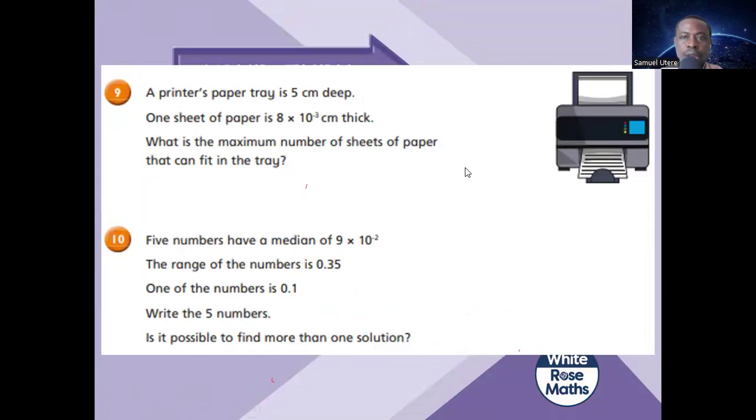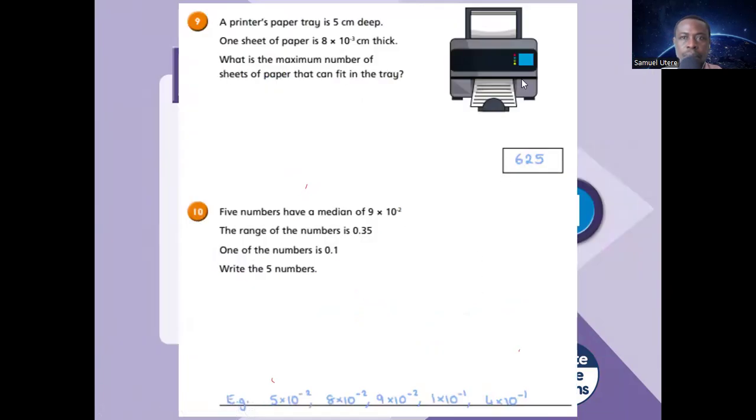Here are questions 9 and 10. Pause the video and answer the questions in 4 minutes. Here you ask, a printer's paper tray is 5 centimeter deep. One sheet of paper is 8 times 10 to the power -3 centimeter thick. What is the maximum number of sheets of paper that can fit in the tray?